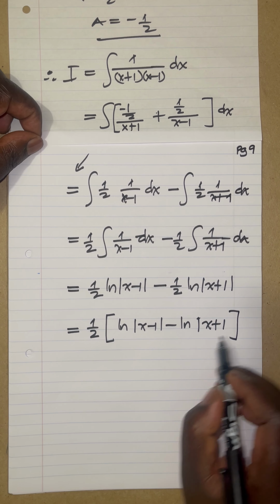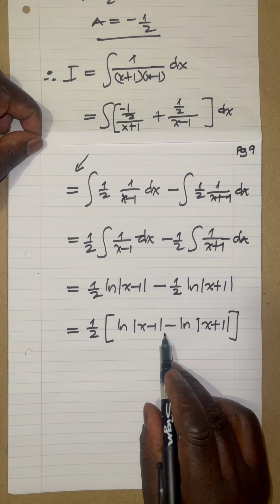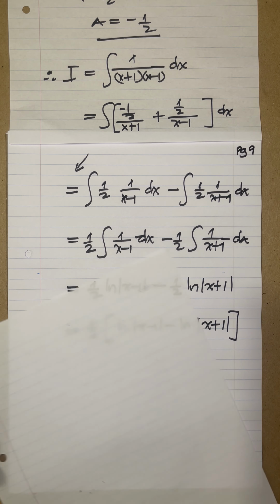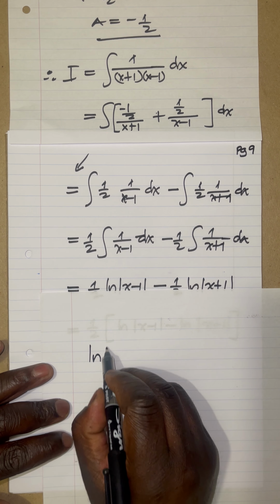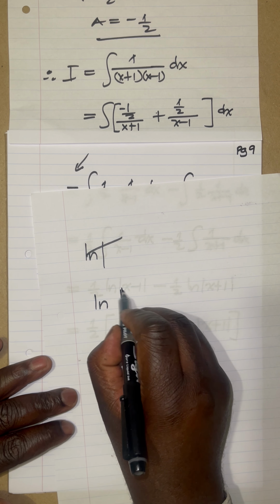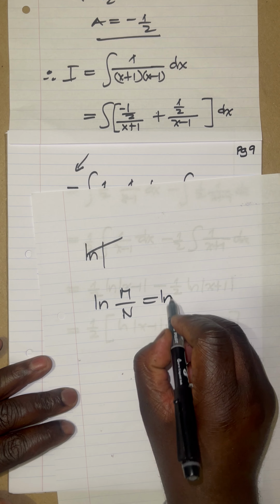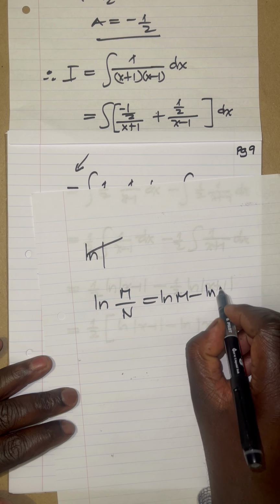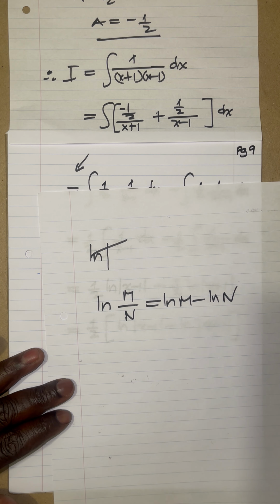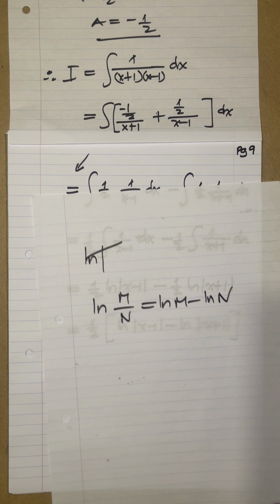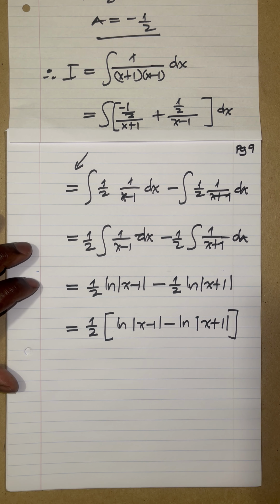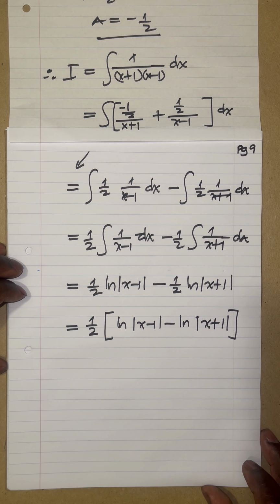Applying the laws of logs, there's a minus here, so let me remind you. Let me remove the absolute value. Natural log of m over n is equal to natural log of m minus natural log of n. I have actually gone through laws of logs, and I've proved this law together with the other laws of logs. So please, you may wish to go back and watch that video that I presented on logs.